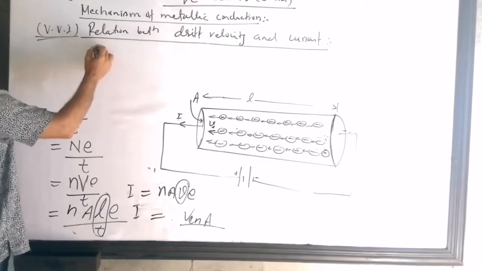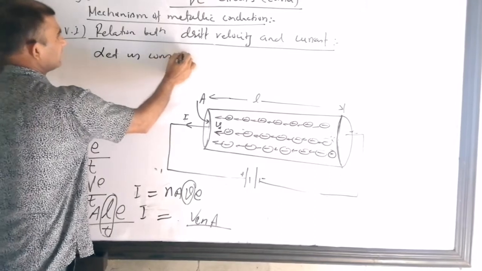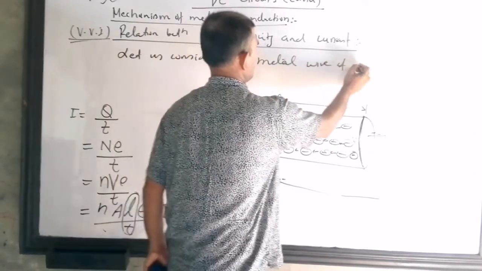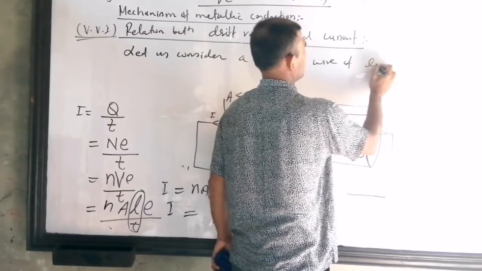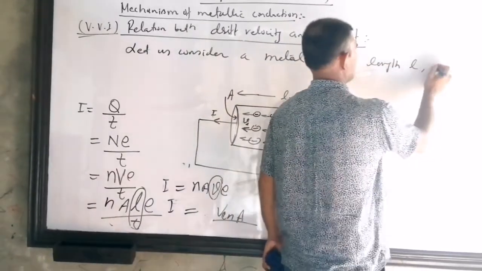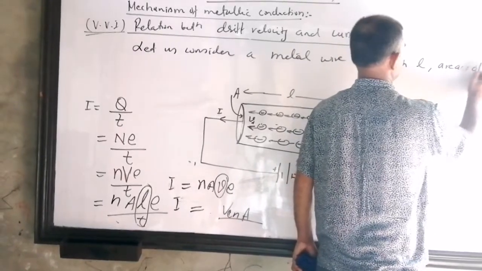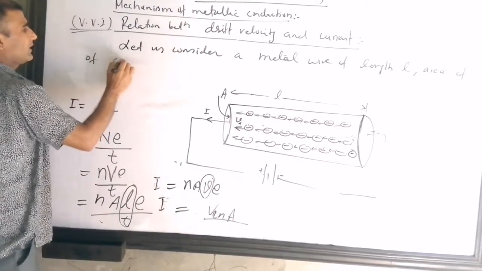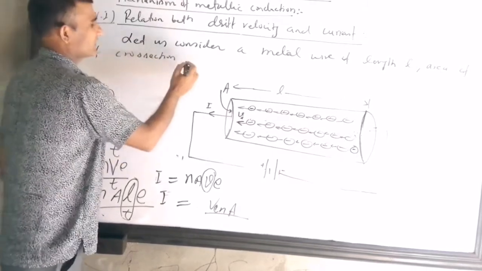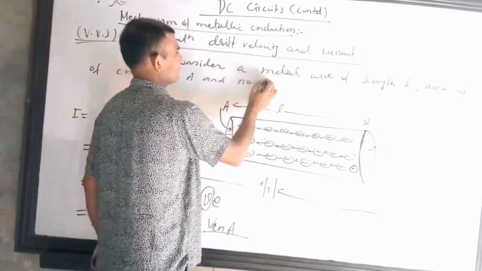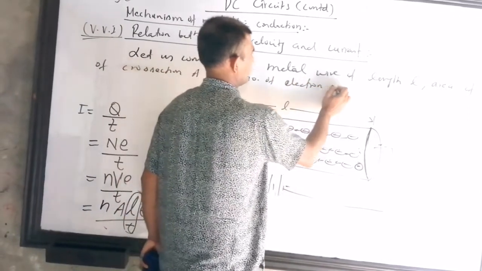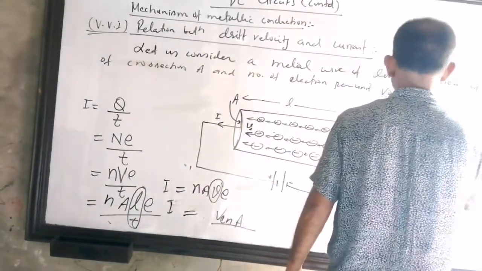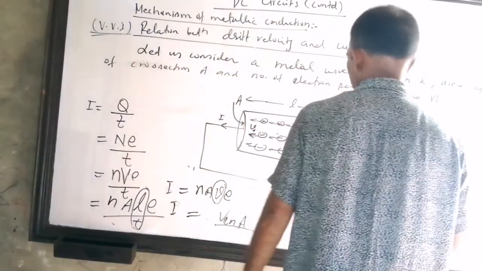Let us consider a metal wire of length L, area of cross section A, and number of electrons per unit volume n, which I am supposing.